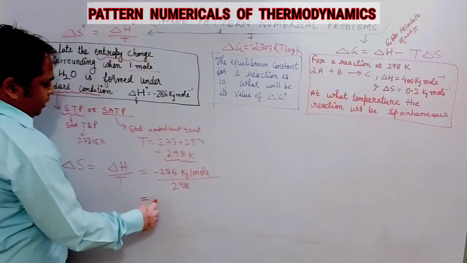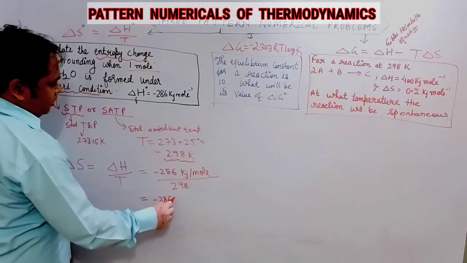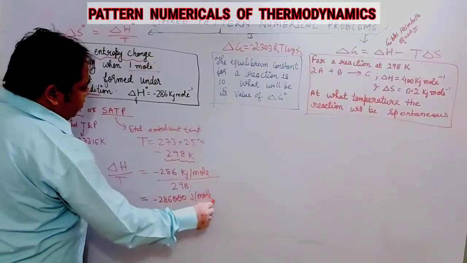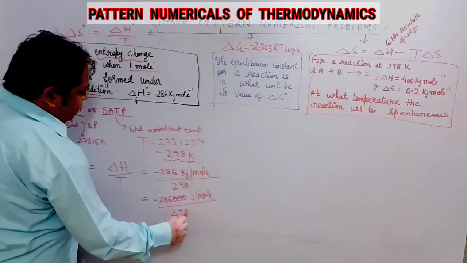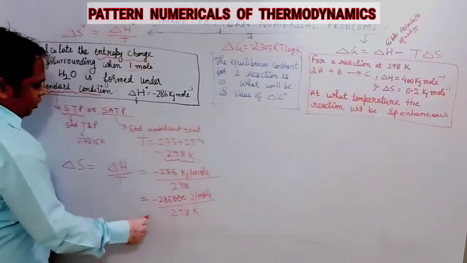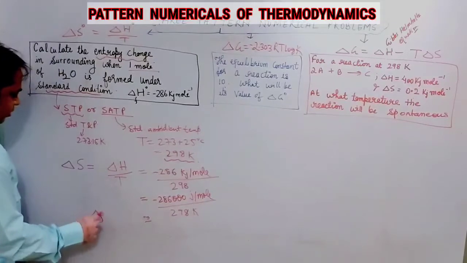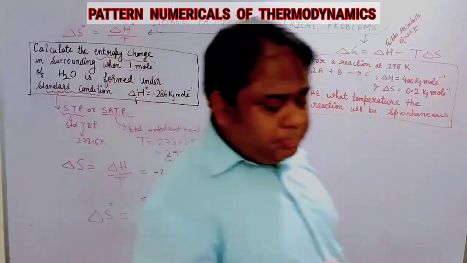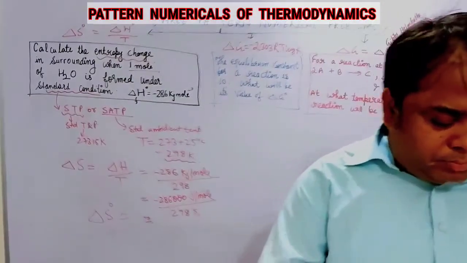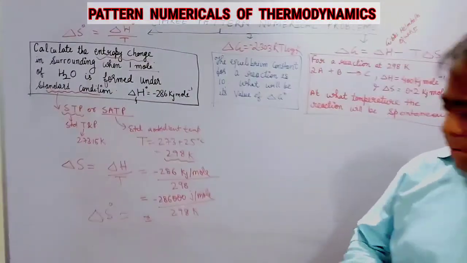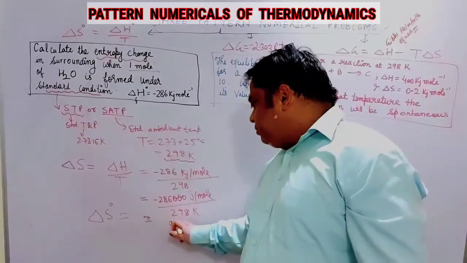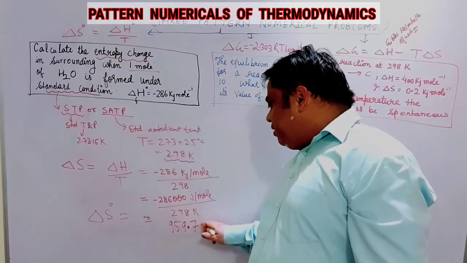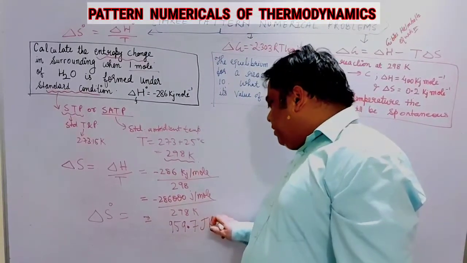So this will become minus 286,000 joule per mole divided by 298 Kelvin. If you calculate this, then delta S value in standard condition will come out to be 959.7 joule per Kelvin per mole.